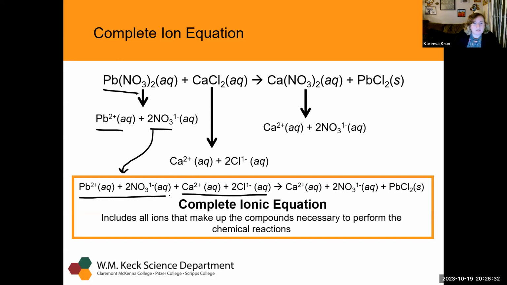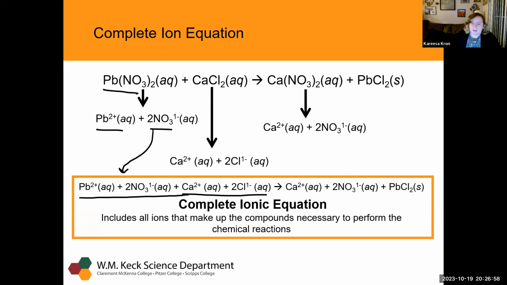And so this matches the picture of what's happening in your beaker better. So you have your lead, you have your nitrate, you have your calcium, your chloride, and that's reacting to produce calcium ions that are still hanging out in solution and nitrate that's still hanging out in solution, whereas our lead and our chloride combine to precipitate.